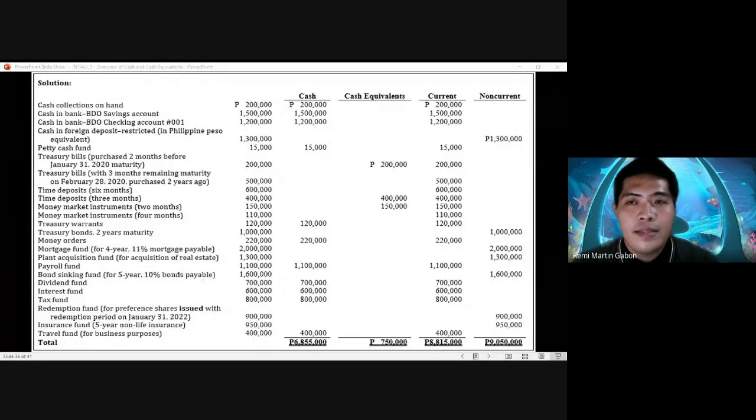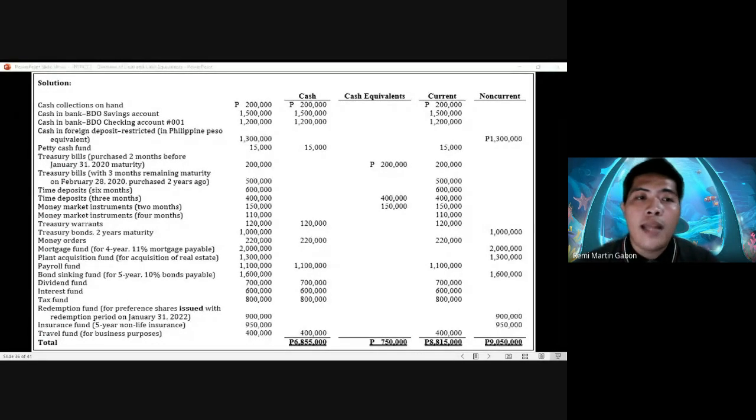Insurance fund. Ayan. Insurance fund, 5-year non-life insurance, part of non-current. Then travel fund for business purpose, automatic cash, automatic current. So yan yung total natin for cash, cash equivalents, current assets, and non-current assets.